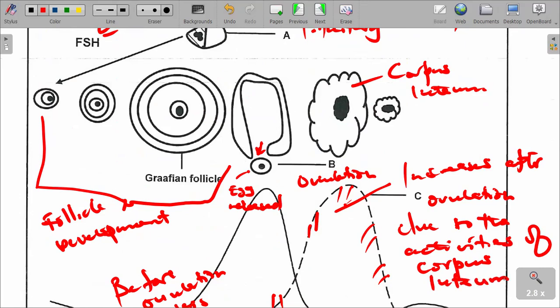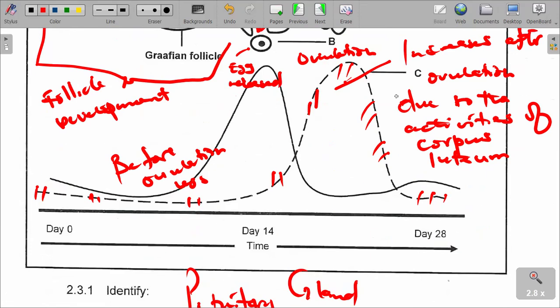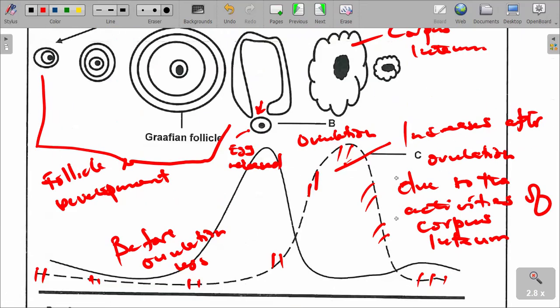I'm sure now, grade 12, you know very well that the corpus luteum, the membrane that remains after the release of the mature egg, is the one that secretes. It is responsible for the production of what? Of progesterone.